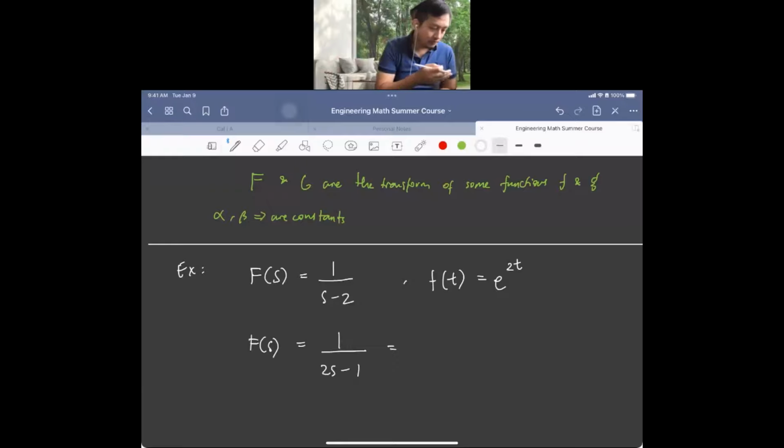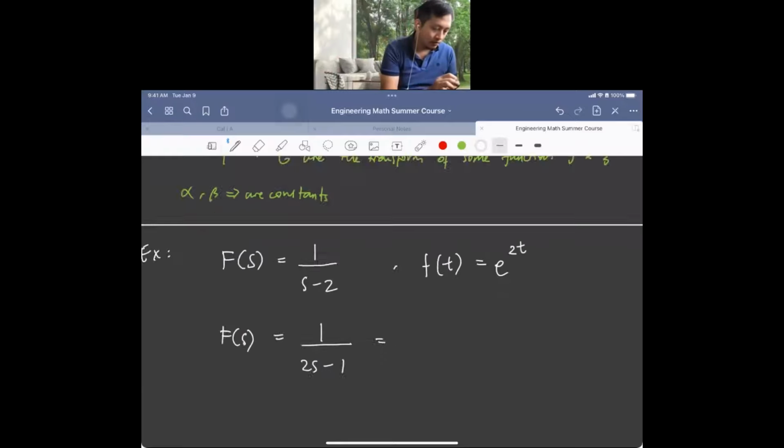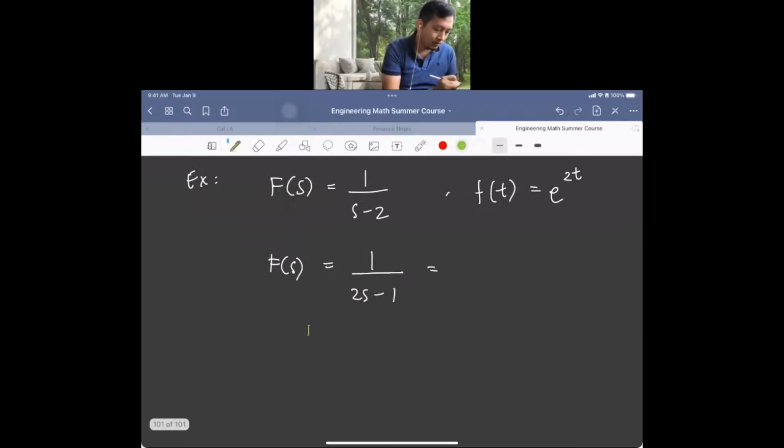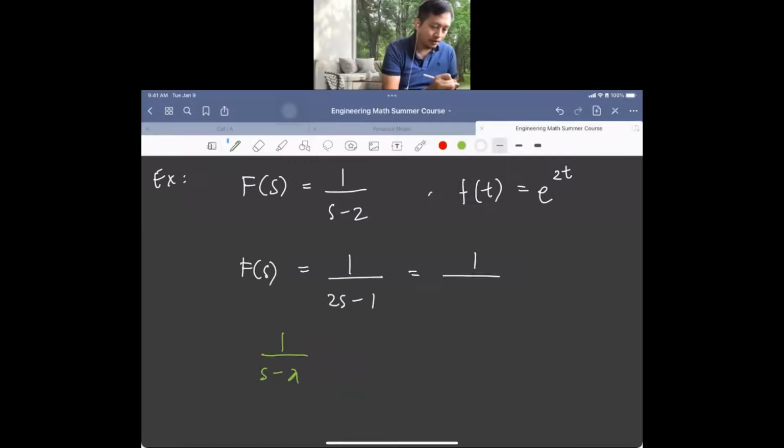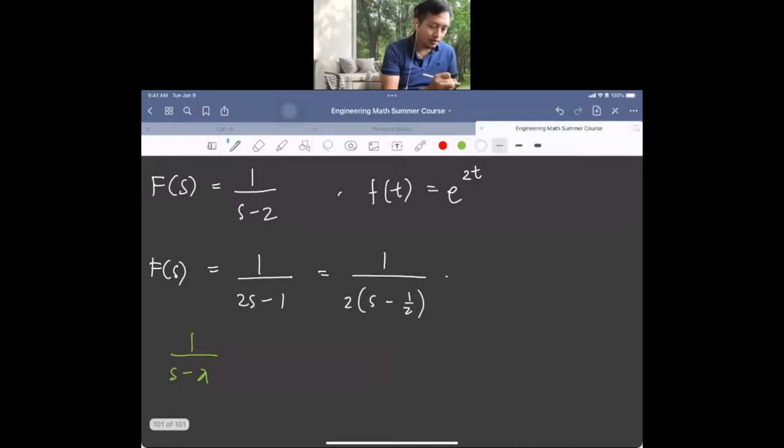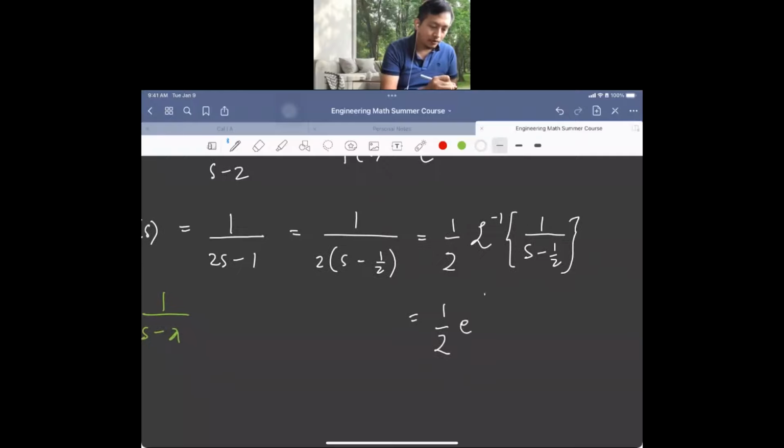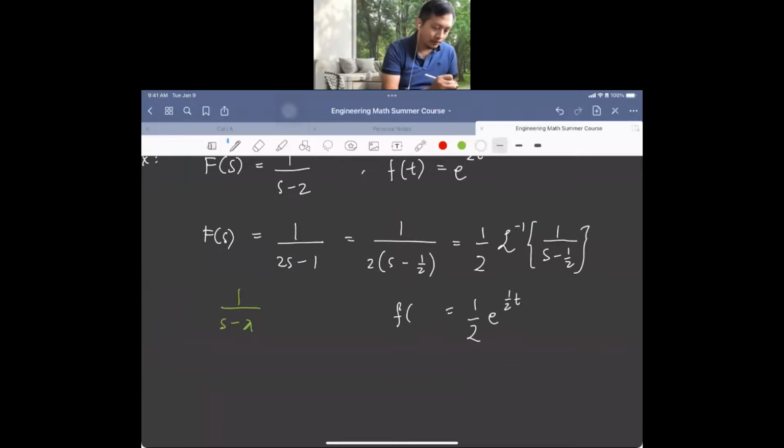We need to make the structure become 1 over s minus lambda, right? So we factor out 2, so 1 over 2 times s minus half. So this is half, and if we write in the Laplace symbol, it is half times the Laplace inverse of 1 over s minus half, or we could write half e to the power of half t. This is f of t.